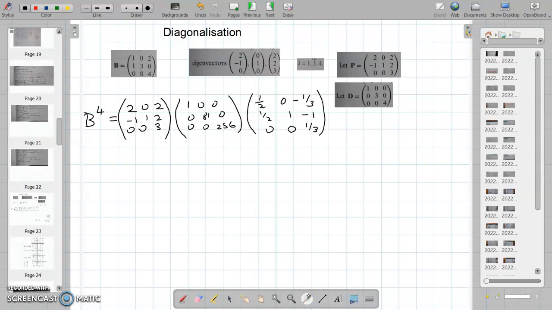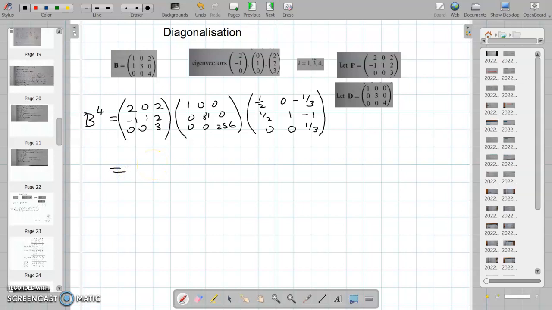Okay, now all we need to do is multiply these three out. So we could do this one times this one, and then the result we multiply by that, but we don't have to. We could do this one times this one, and then multiply this by the result of that. It doesn't matter.